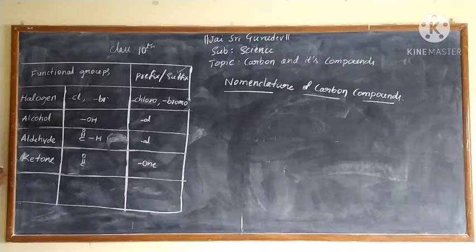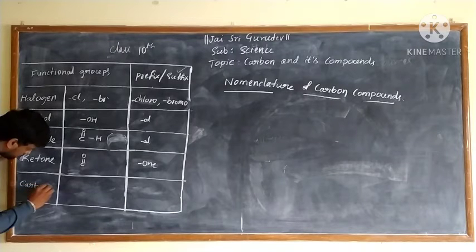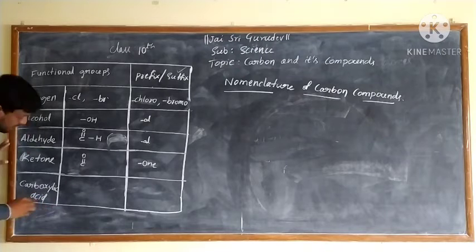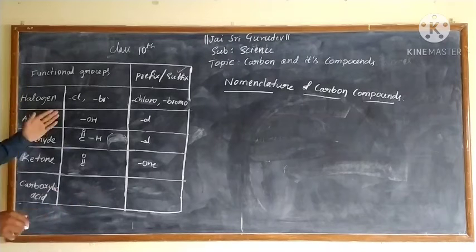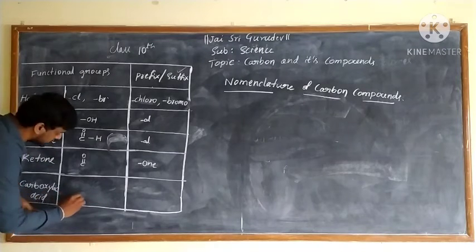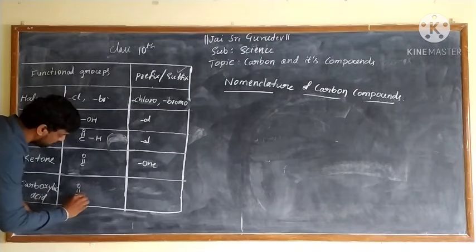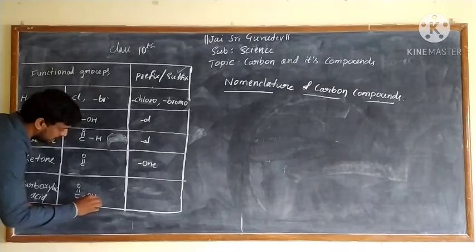The fifth functional group is carboxylic acid. The formula of carboxylic acid is C double bond O, single bond OH, or COOH.